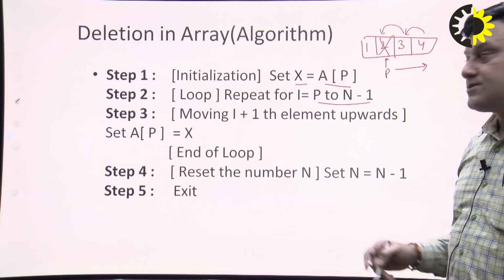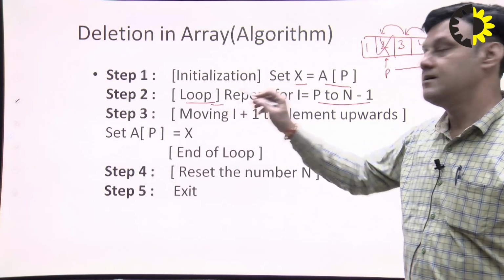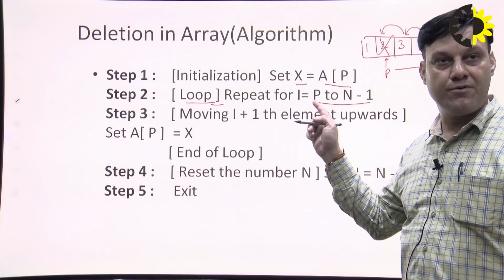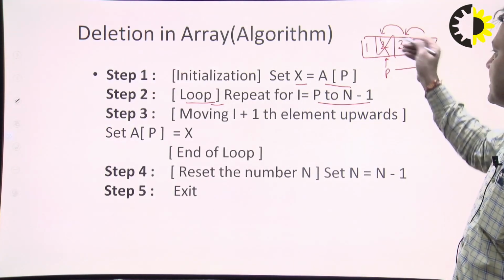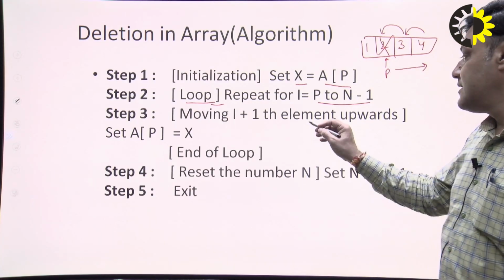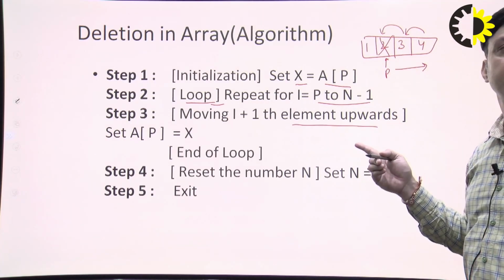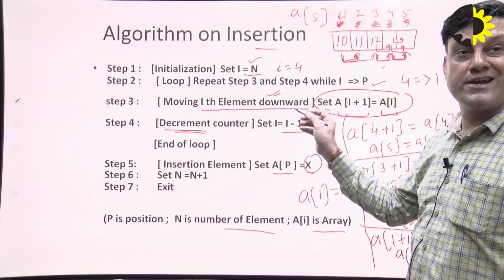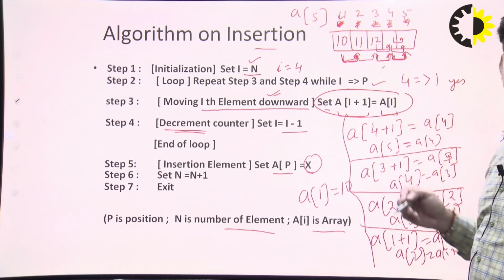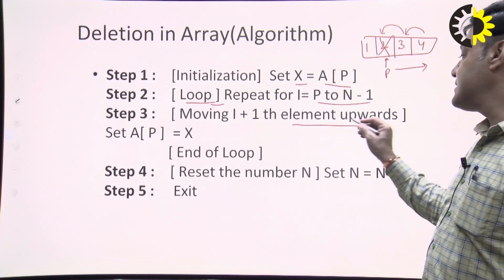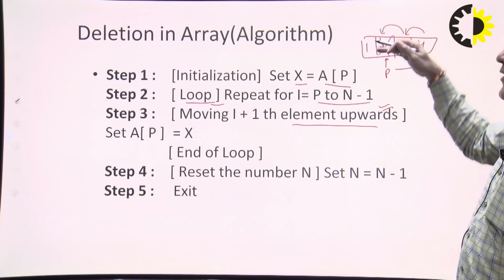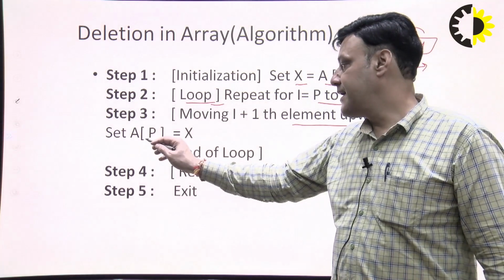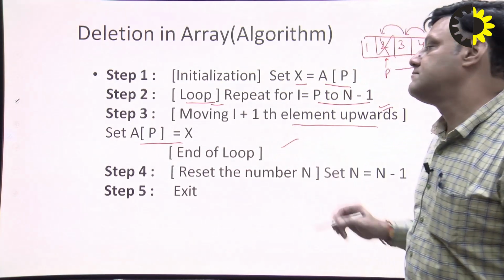For that, we will repeat the elements; with the help of a for loop, we will do this shifting. See, elements move upward. In case of insertion, the ith element is moving downward, and linking is towards right. But in case of deletion, it is upward, towards the starting. Now set A of p to x, end of loop.